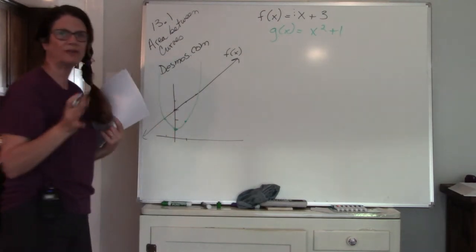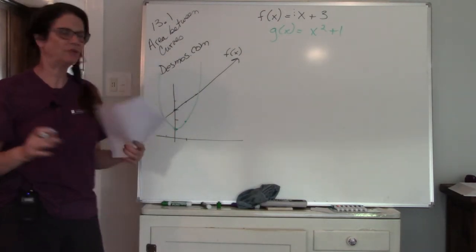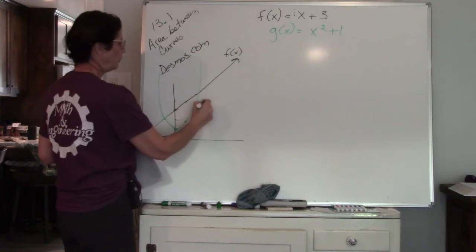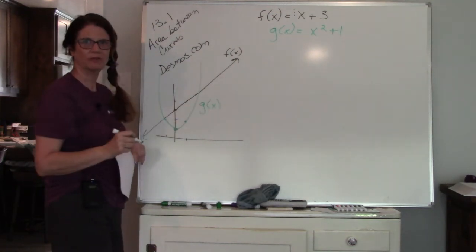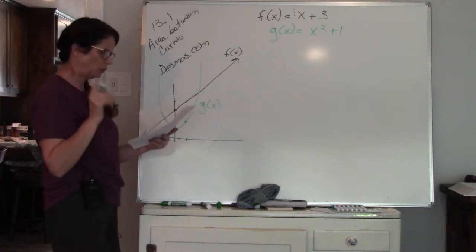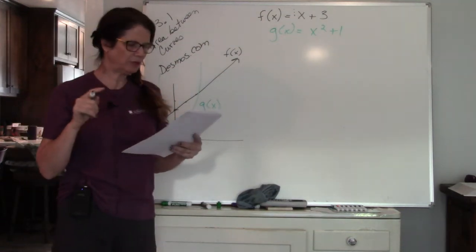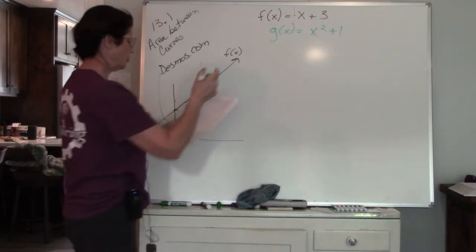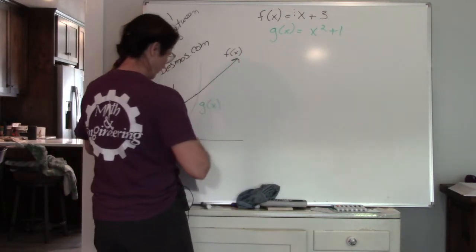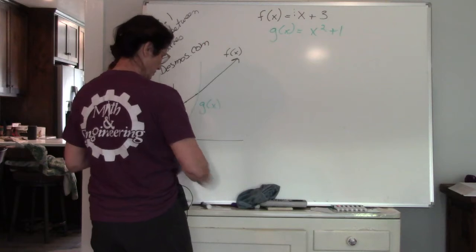Notice it's a sketch. The only purpose of this is to identify which is your upper function and which is your lower function. The question is, determine the area between the two curves on the given closed interval. The other information you're going to be given is the endpoints.